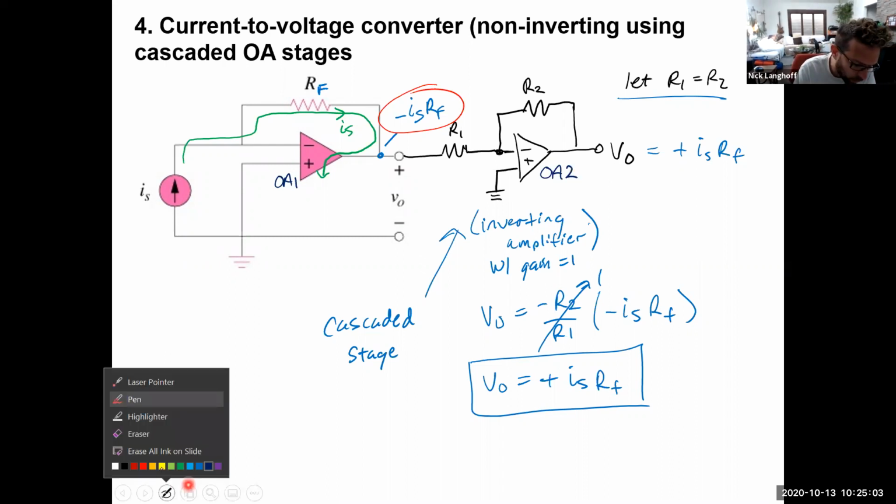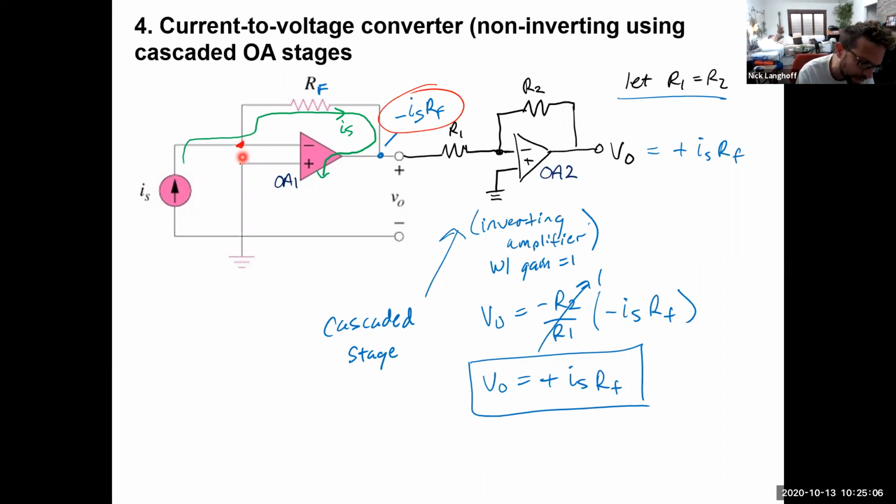Remember, op amp number 1 will do whatever it has to keep the voltages at its inputs equivalent. So if Vp is 0 volts, then Vn must be 0 volts, and it will do whatever it has to maintain that. Speaking of whatever it has to, it also has to provide a voltage to this R1 here. This is a negative voltage right here, negative IS times RF.